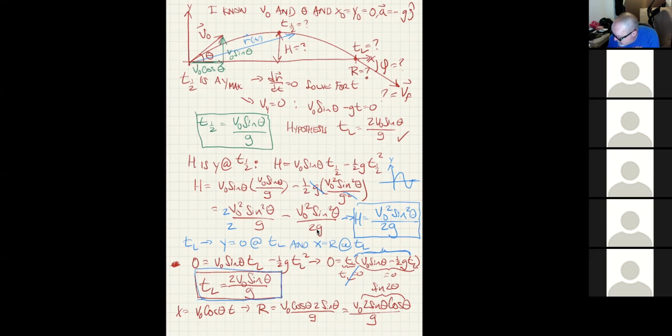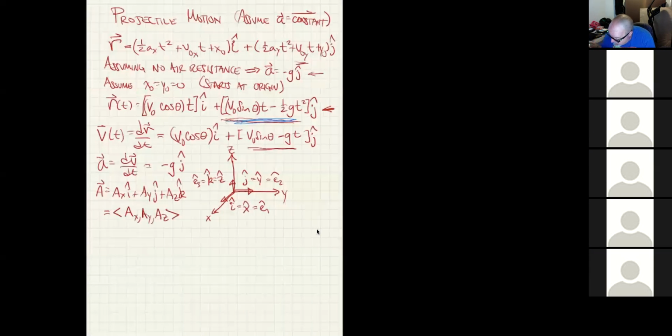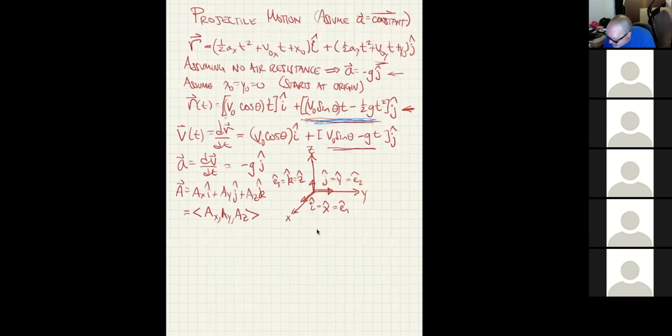When I set that equal to 0, I ended up getting this expression. Right, so we're just using the other part of the expression then, only the x. Yeah, on this part right here, what I've done is went back and took my x, which was just this, and I plugged in TL for that t.